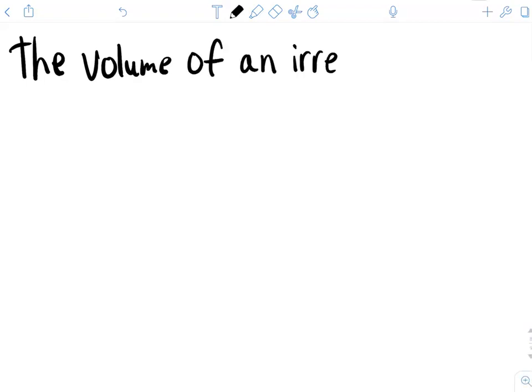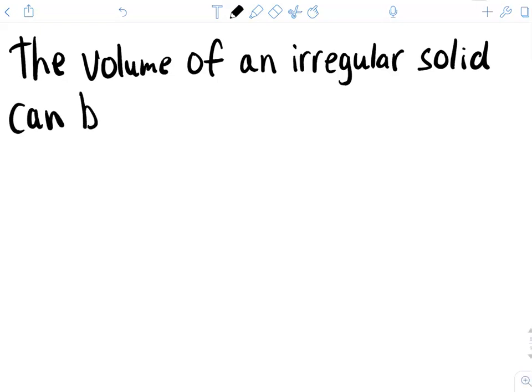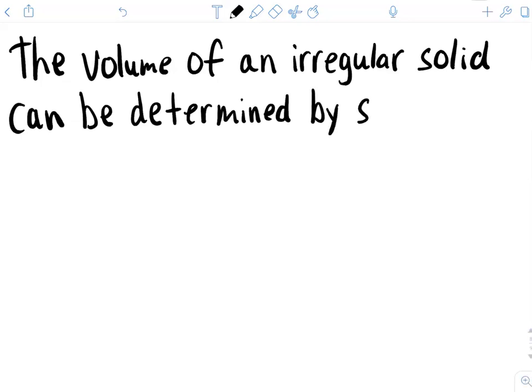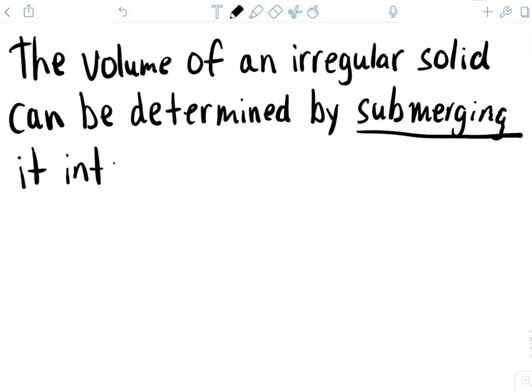So the volume of an irregular solid can be determined by submerging, and if we mean submerge, we just mean that we're going to put it into water.